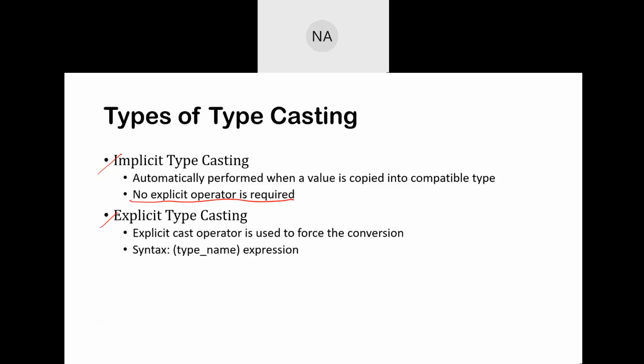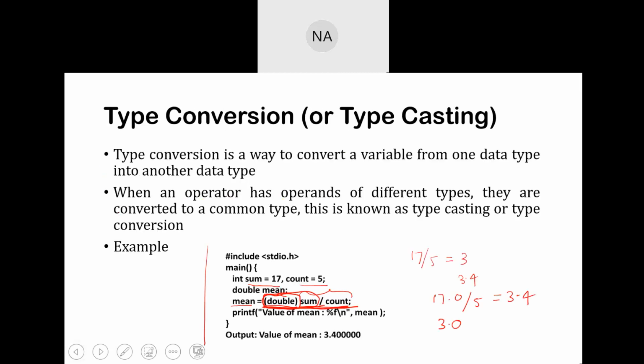In explicit typecasting, an explicit typecast operator is used to force the conversion. This example is explicit typecasting, because we are forcing the integer variable sum to be converted into the double data type.